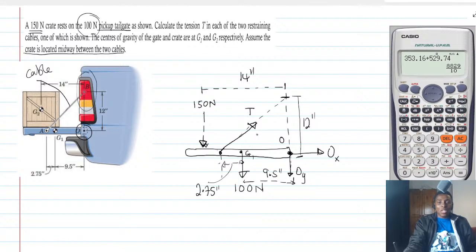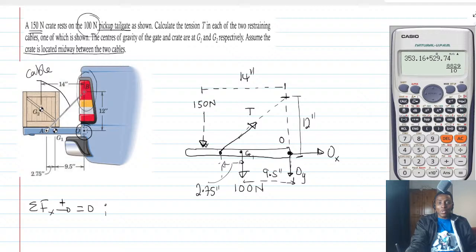But we have to be careful because now, okay, let's sum the forces. So first of all, we have to sum forces along the X. Every force in this direction positive should be equal to 0. So let's start. But before we do that, we need to get the angles.